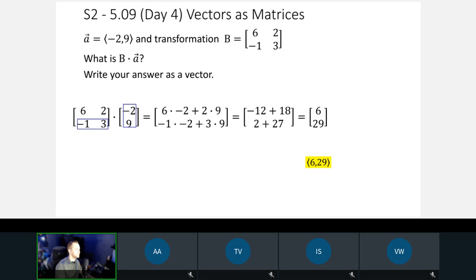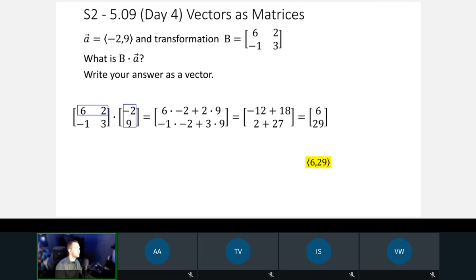Right, so I do these boxes to multiply your matrix times this matrix. So convert this into a matrix, a vertical one. And then all you're doing is multiplying 6 times this number, and then you shift to the right and shift down. So there's your 6 times -2 is here, plus 2 times 9, and that's for this top row.